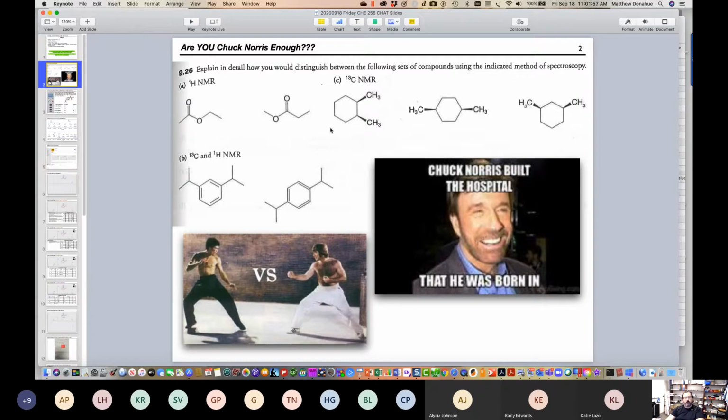So let's consider these spec problems and see if we can distinguish basically in each of these ones, A, B, and C. How would we distinguish them using the indicated method of spectroscopy? So for A, we have these two compounds and we're asked to distinguish them by proton NMR.